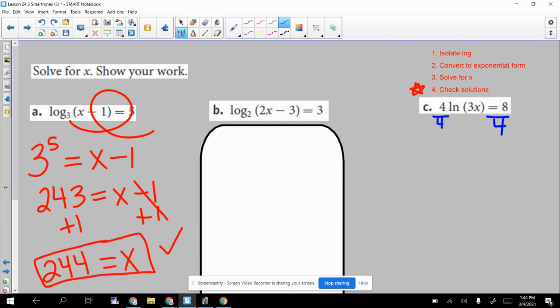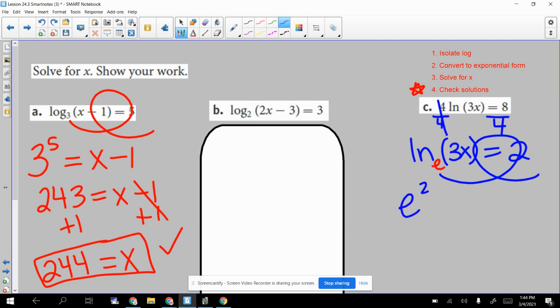That'll cancel and leave us with the natural log of 3x, and then 8 divided by 4 is 2. So now remember, when we have the natural log, we can assume that the base is e, okay? So now when we go ahead and we convert this to an exponential, step 2, it's going to be e squared, e to the 2nd power equals 3x.